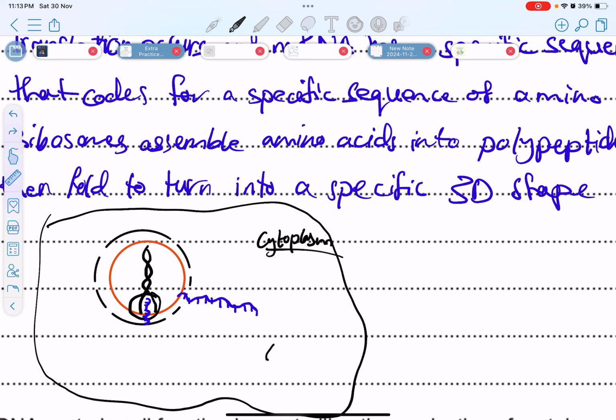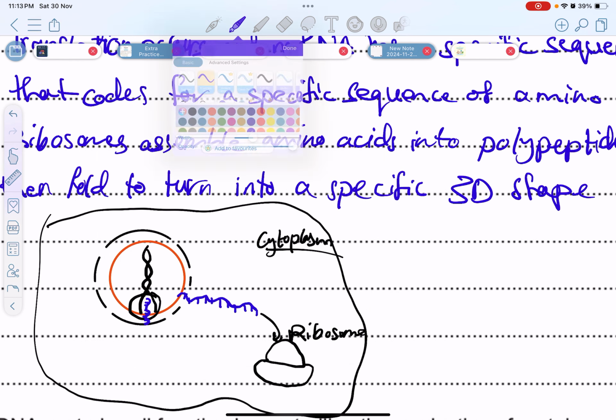But here I'm magnifying them so they can be big enough, because I'm going to zoom in to see the protein synthesis in a larger view. These are the ribosomes. So the mRNA is going to get attached to the ribosomes. It's going to be like this.